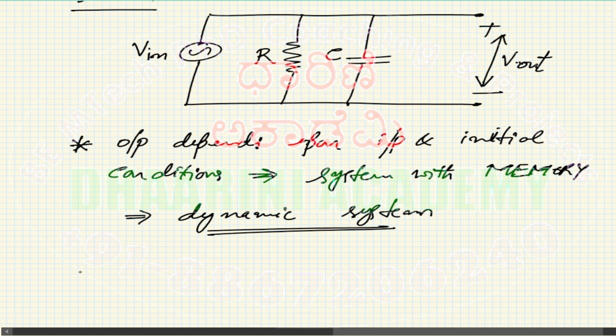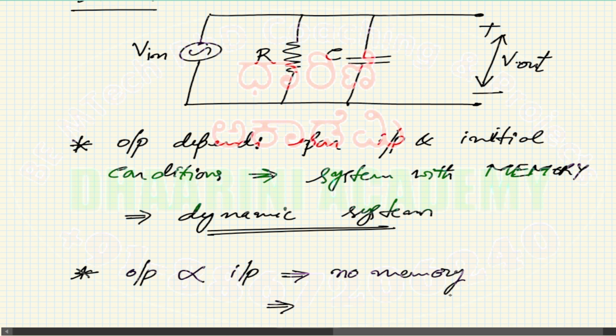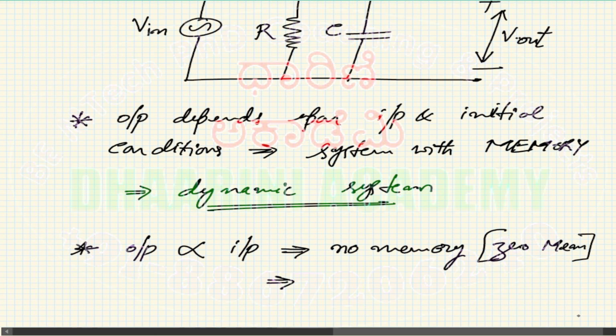Now I'll write the other point as well, because differentiation is important. If the output is dependent only on the input, this implies no memory. A no-memory system is also called a zero memory system, and a zero memory system is referred to as a static system.